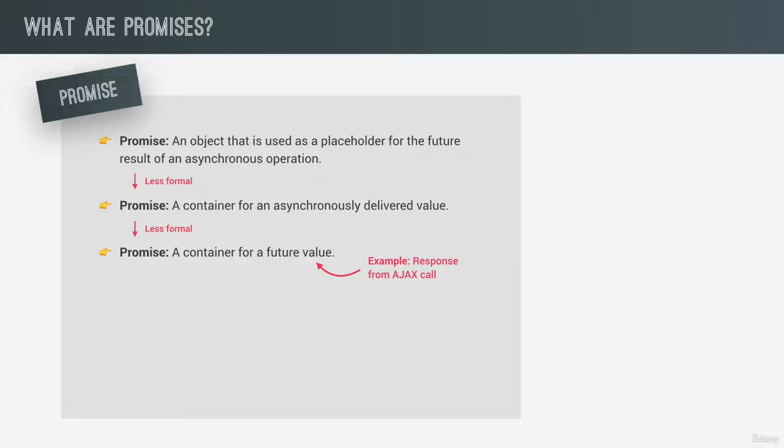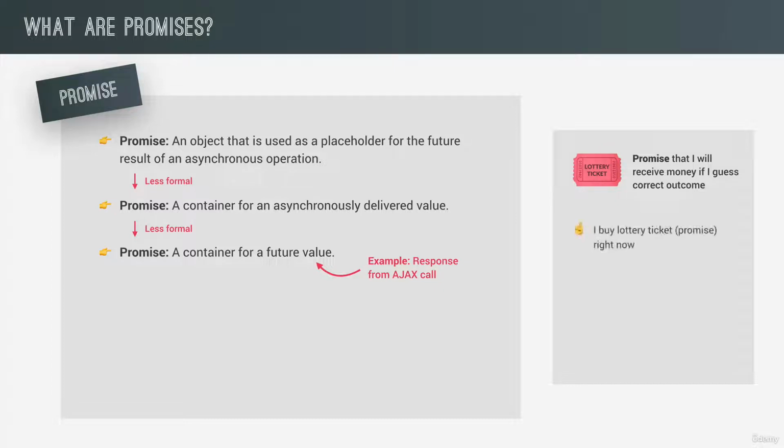But to understand this concept even better, I like to use the analogy of a lottery ticket. So a promise is just like a lottery ticket. So when I buy a lottery ticket, essentially I buy the promise that I will receive some amount of money in the future if I guess the correct outcome, right?